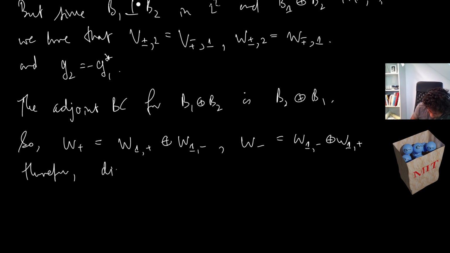Therefore, the dimension of W plus is equal to the dimension of W minus, maybe the order switched, but they're the same. But the big W's here are the splitting of the large boundary condition B_1 plus B_2 with respect to what we have.